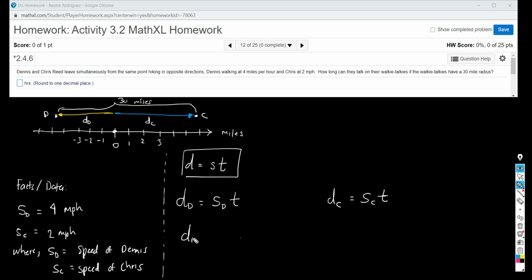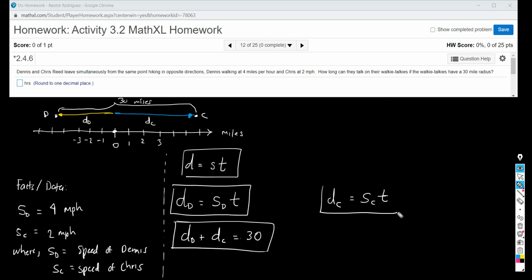The distance walked by Dennis plus the distance walked by Chris will have to be equal to 30 miles. And I'm going to keep my numbers without units for simplicity. So I have these three equations, 1, 2, 3. I can erase this one because I have already written these two. We have these three equations, perfect.